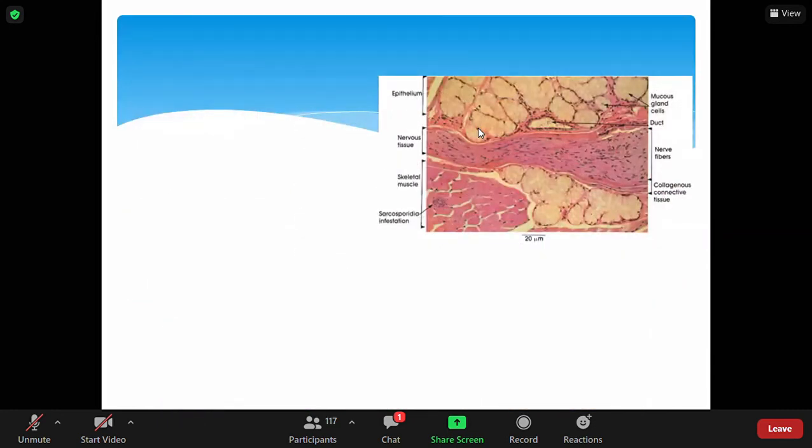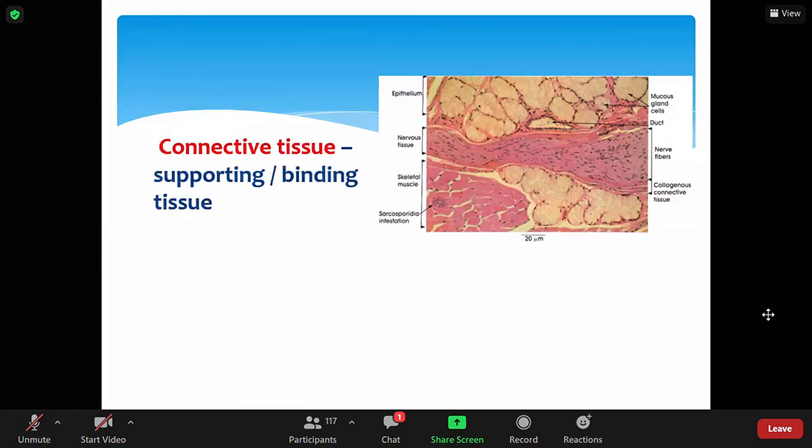So let's go first to the function of the connective tissue. Connective tissue is primarily used as a support and as a binding tissue.